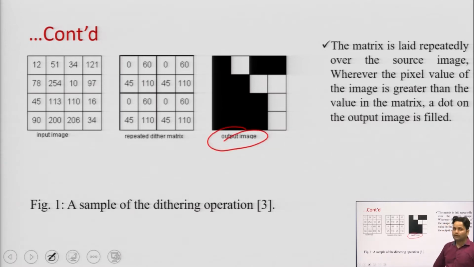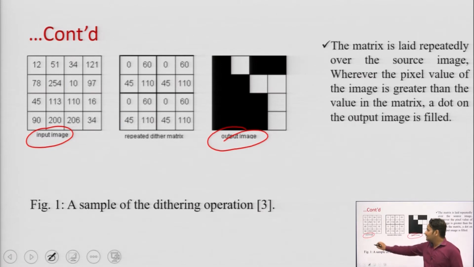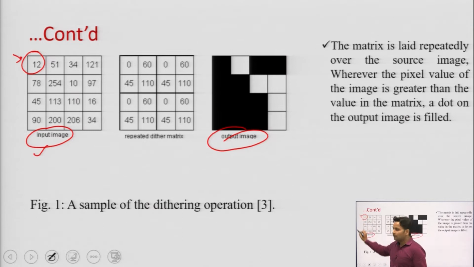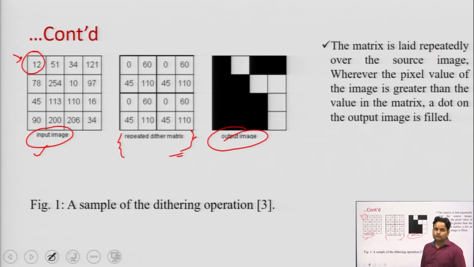Now see how we can find the output image. This is the input image, which is the digital image, and each pixel has an intensity value. The first pixel has the value 12. The repeated dither matrix, which is useful for the digital halftoning process, is compared with this input image.